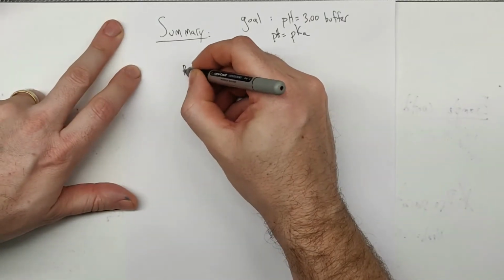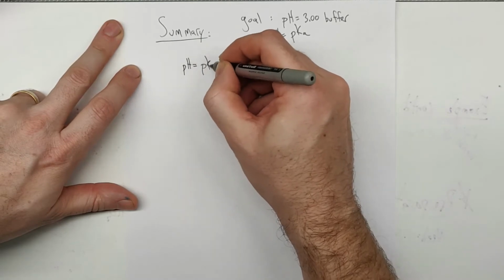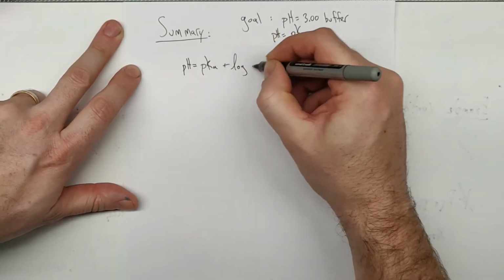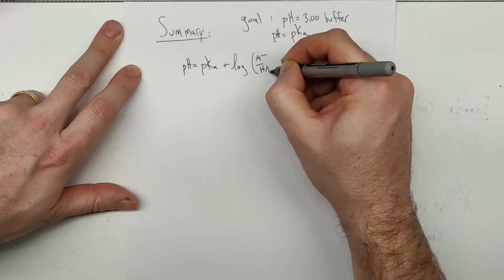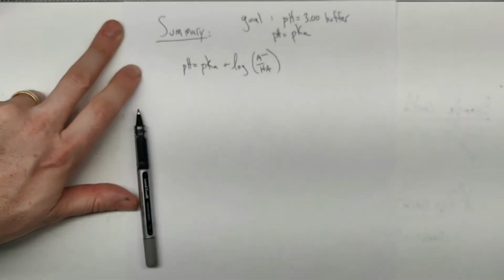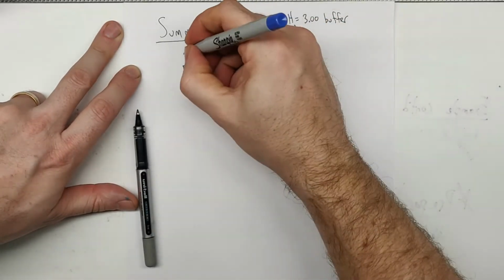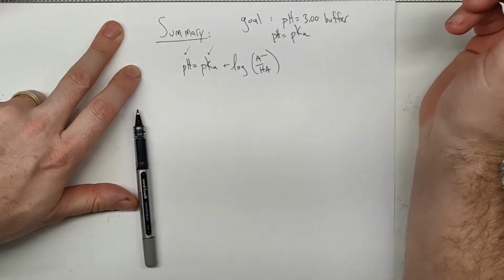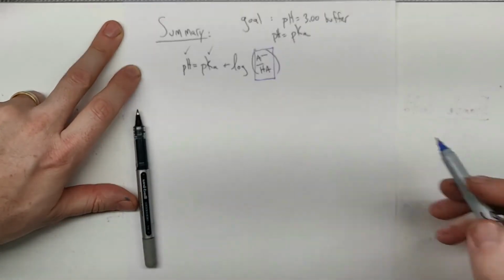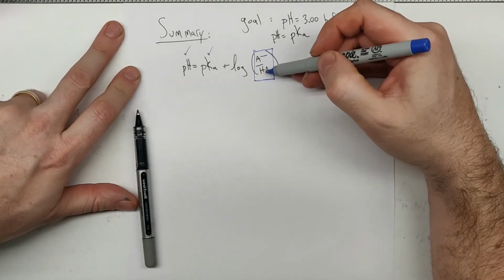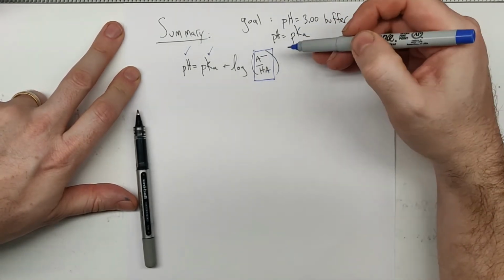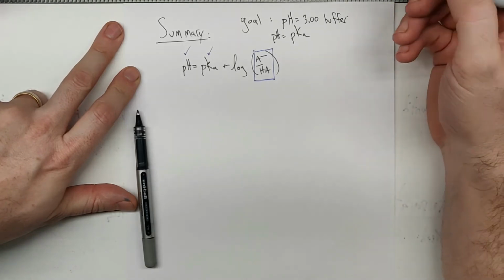Once we knew that target pH, we used the Henderson-Hasselbalch equation and said, oh, pH is pKa plus the log of A minus over HA. The catch was we knew the target pH. We knew the pKa, because that's just the negative log of Ka, and we had to solve for this. We couldn't solve for A minus or HA, we could just solve for the ratio, which gives us an infinite number of possible solutions.